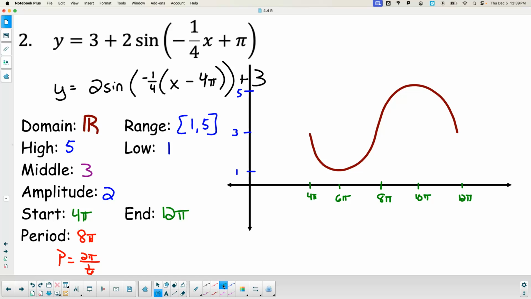Yes, ma'am. Why is it going the negative way? Because we have a negative b value. Negative a values flip both of them. Negative b values flip just sine. And that's from what we learned in the obviosities, this one.